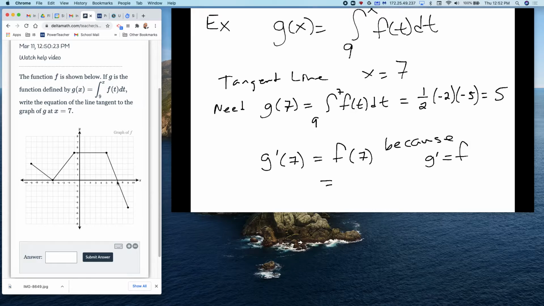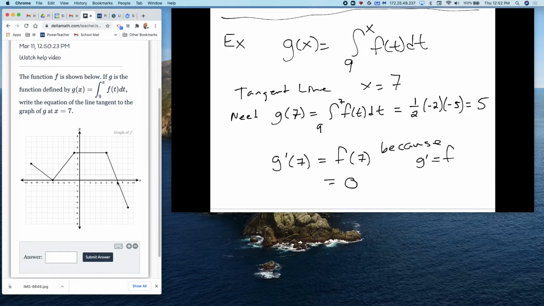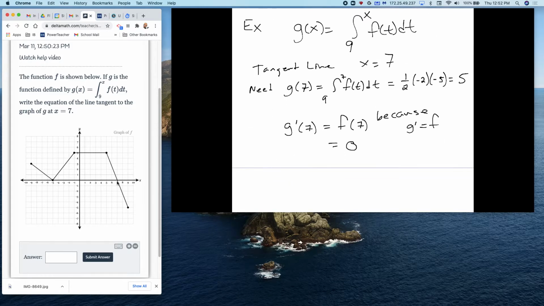It's right there. So the slope is 0. So if I were going to write the equation of this tangent line with this information, I'd write y is equal to 0 times x minus 7 plus 5. I just put the pieces in their place. Hopefully that makes sense.